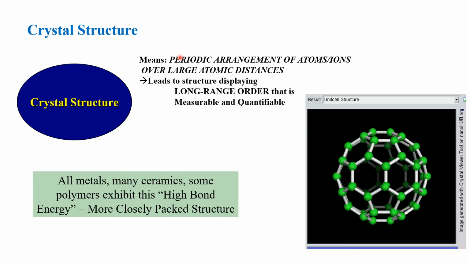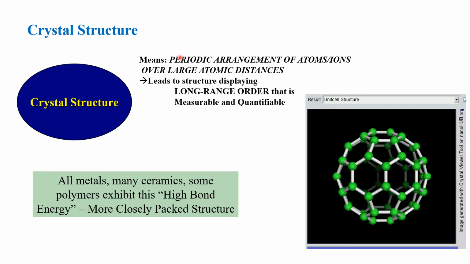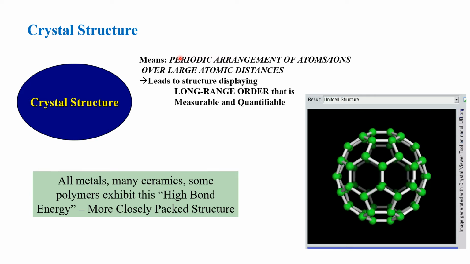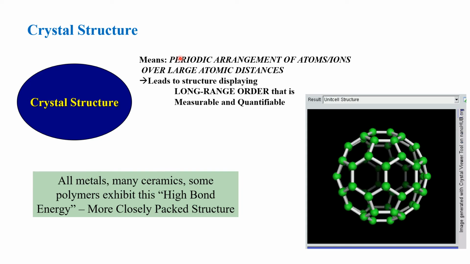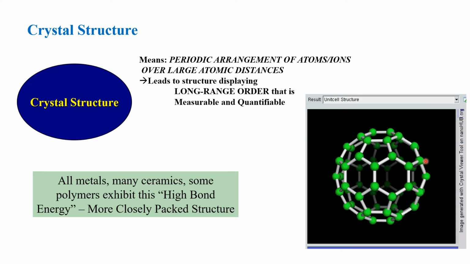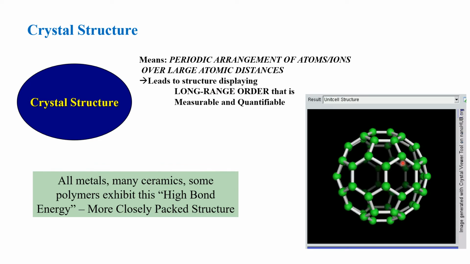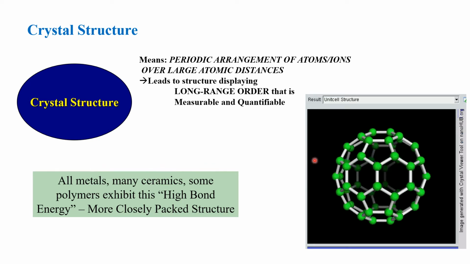And the crystal structure leads to structures displaying long-range order that is measurable and quantifiable. All metals, many ceramics, and some polymers exhibit this high bond energy or more closely packed structure. You have, for example here, a buckyball crystal structure of carbon 60.